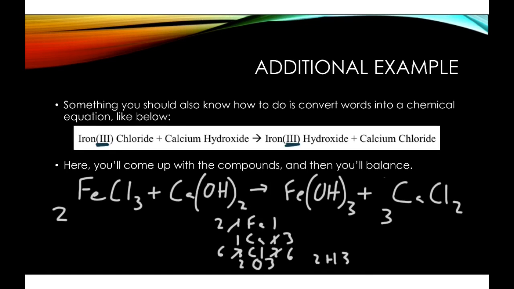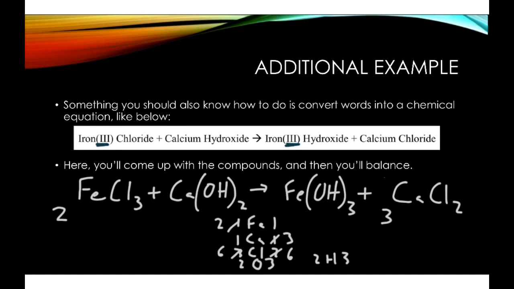I can either go to my iron or my calcium to get those fixed, or I can continue down the chain where we started. So I'll go to my oxygens, which will also change my hydrogens. So if I have 2 on the left and 3 on the right, I'm going to go and change to get 6 again, because that's the least common factor, essentially.